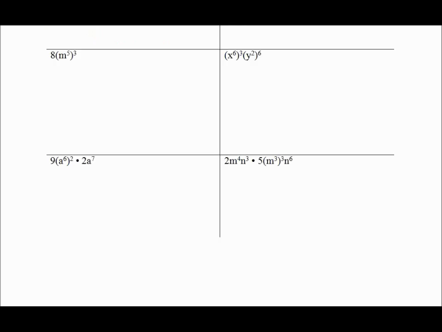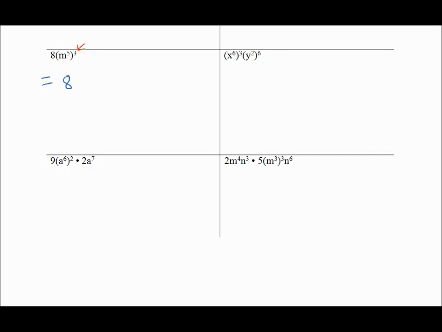Now I have 8 outside of the parentheses. Inside I have m to the 5th raised to the third power. You have to understand that that exponent 3 only applies to what's directly in front of it. So it does not apply to the 8. So I'm just going to rewrite the 8.